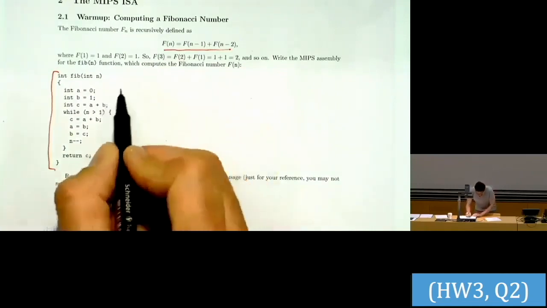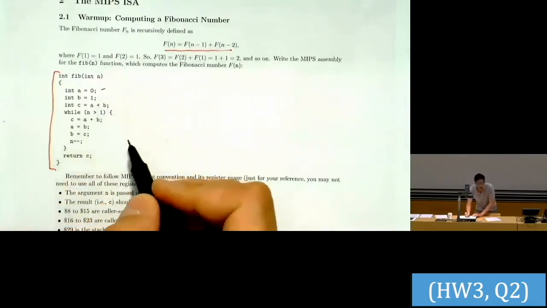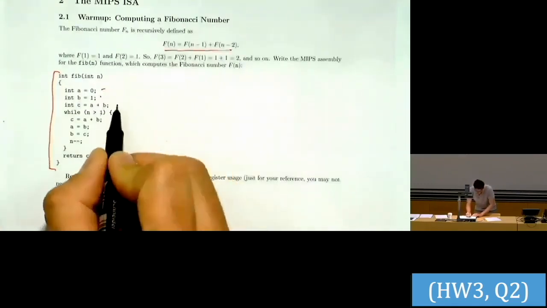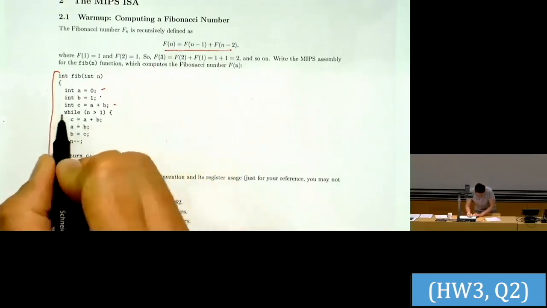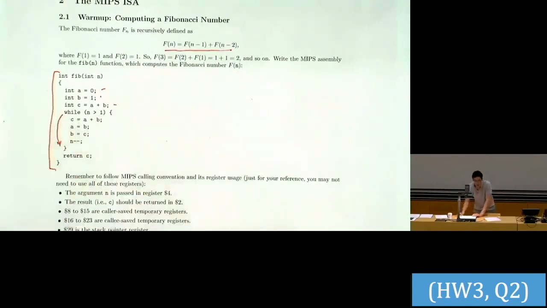So as you can see, we have 3 variables. We have A originally equal to 0, B is equal to 1, and this is C, that is equal to A plus B. And then we get into this while loop that will be repeated n minus 1 times.